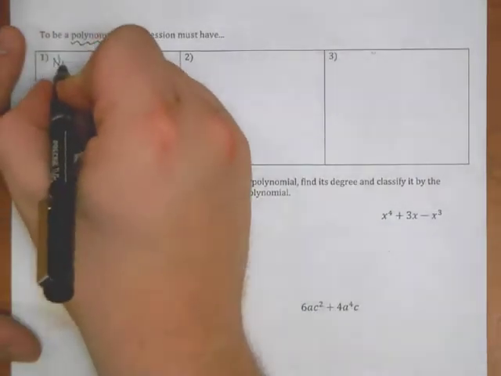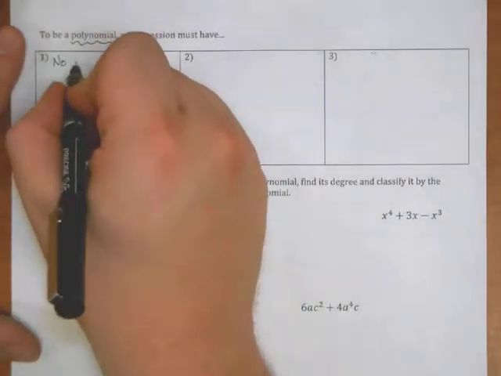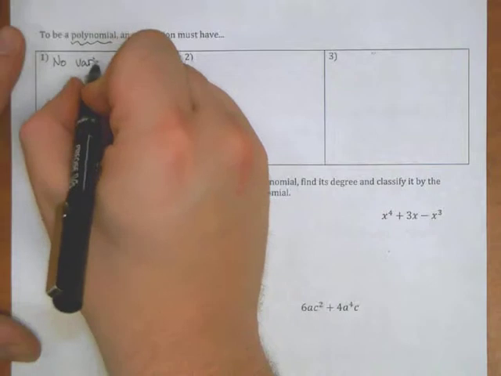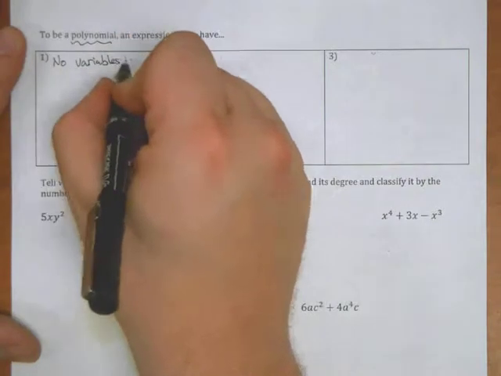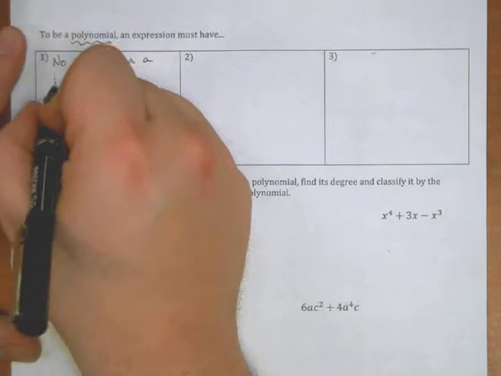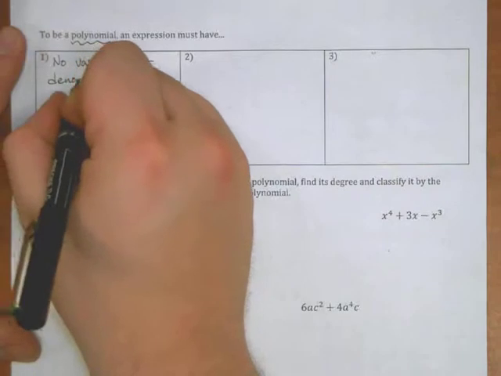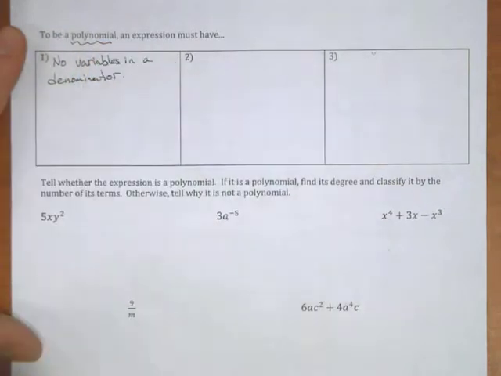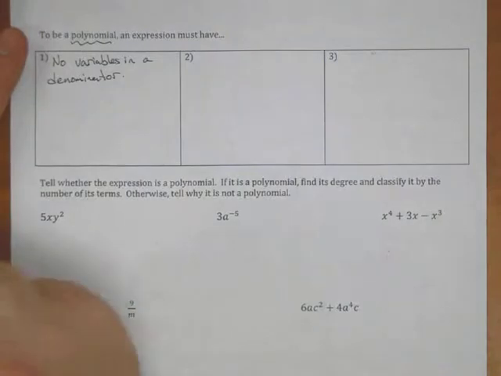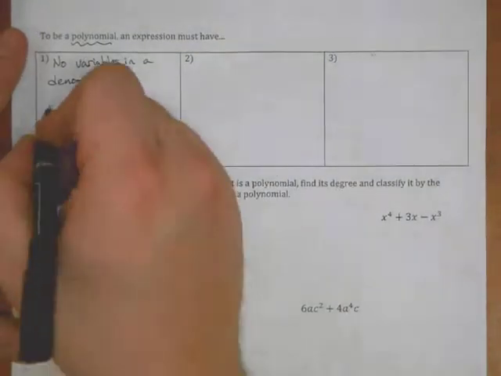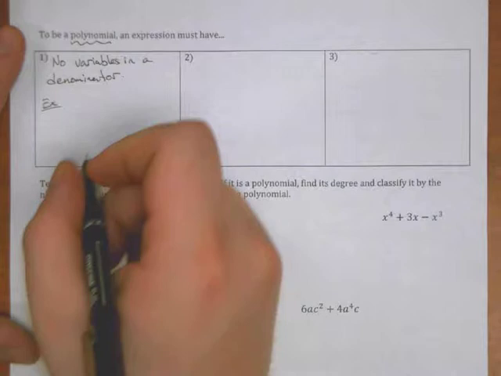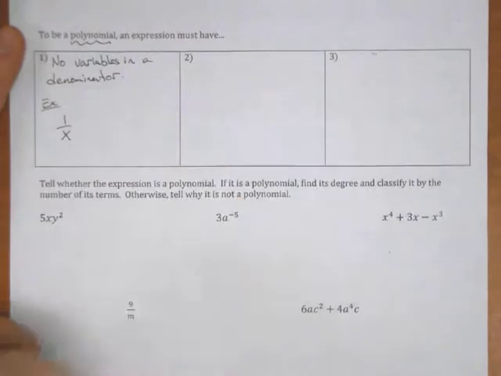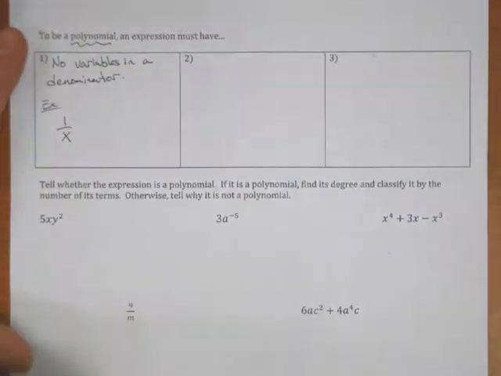First, there can be no variables in a denominator, which, to recall, is the bottom half of a fraction. An example of this might be 1 over x, the variable in the denominator.